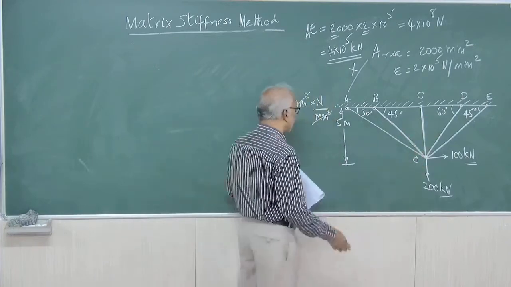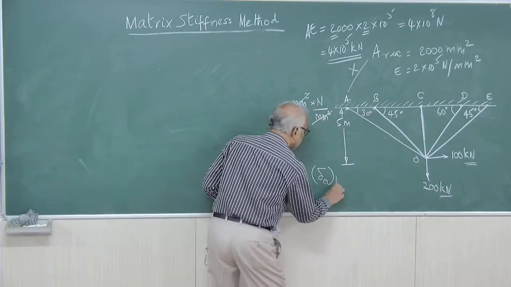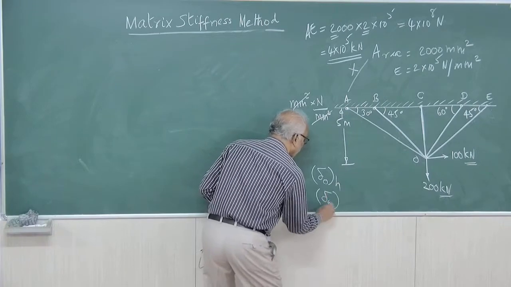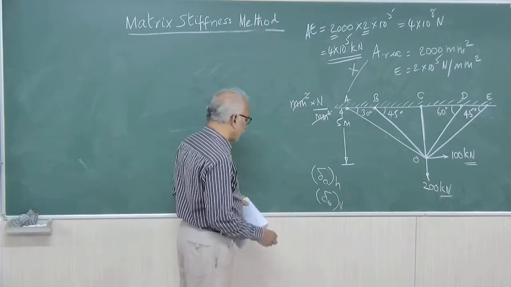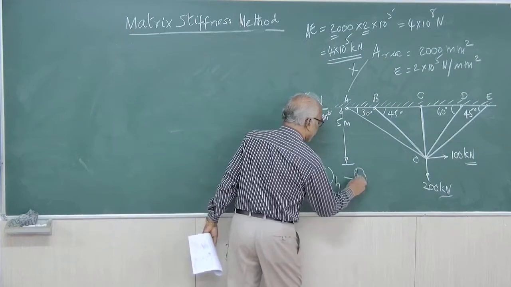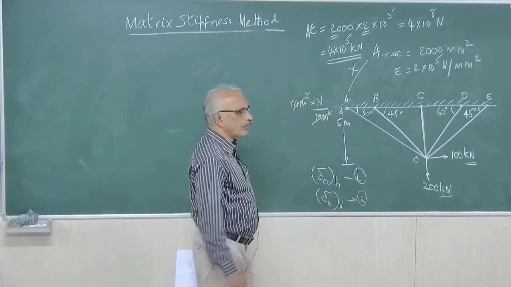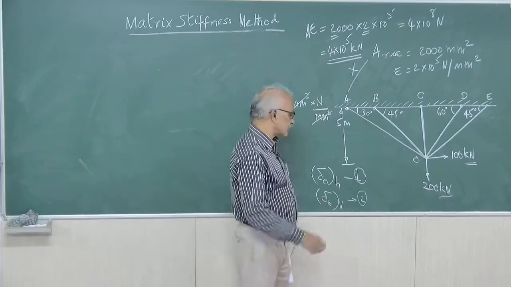That is delta O in the horizontal direction, delta O in the vertical direction. So this we will call 1, and this we call 2. These are the two possible joint displacements. That is the kinematic indeterminacy of the structure.